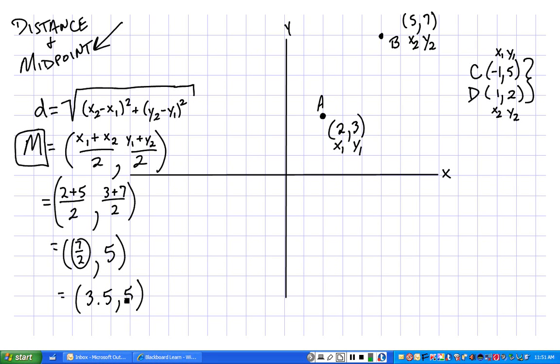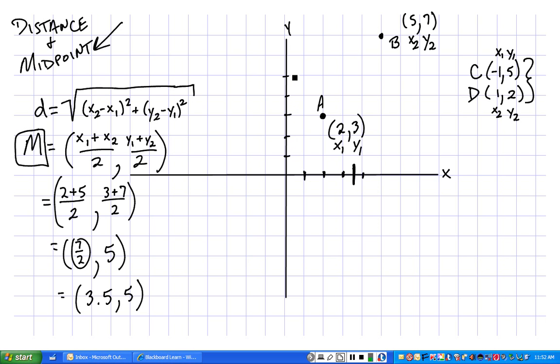So this point would be halfway between this A and this B. So let's look. If this is x is 1, x is 2, x is 3, x is 4, well then x is 3.5 would be halfway between x is 3 and x is 4. So halfway between would be about right here, x is 3.5. So we said x is 3.5 and we're going up 1, 2, 3, 4, 5.